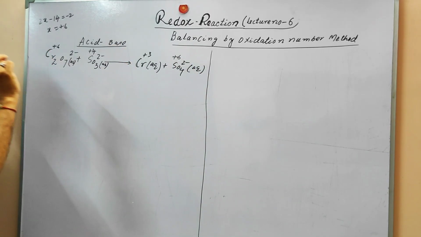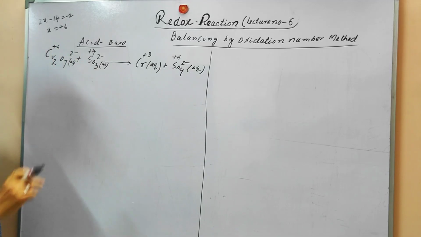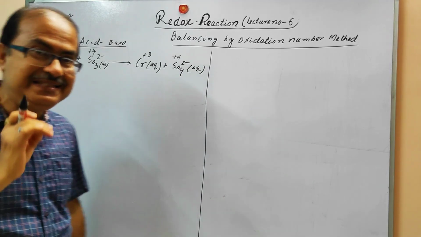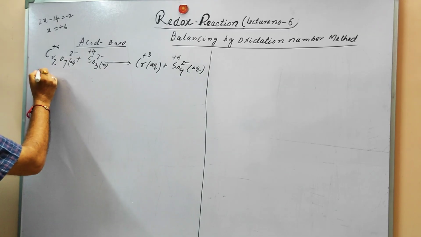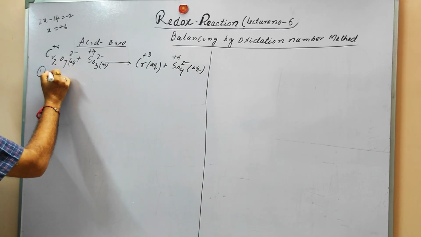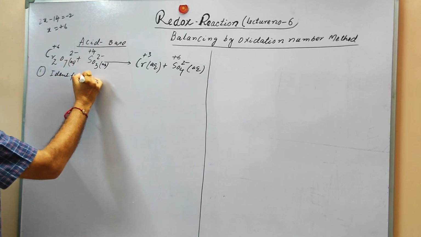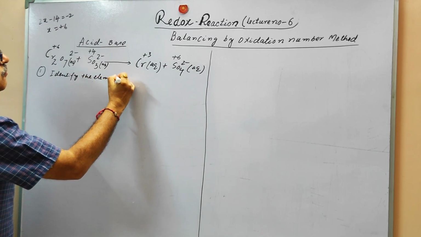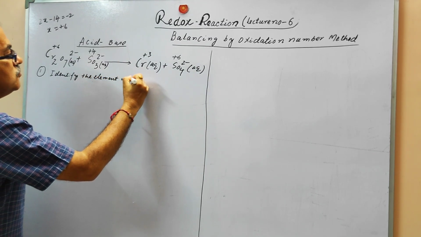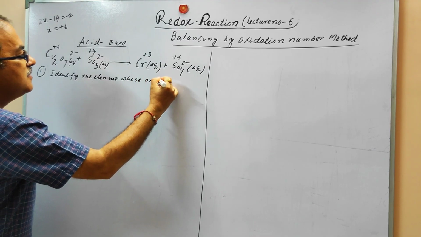So we now understand that the chromium and the sulfur in the sulfite ion undergo changes. Changes means which type of changes? First, we will write: identify the element whose oxidation number has changed.